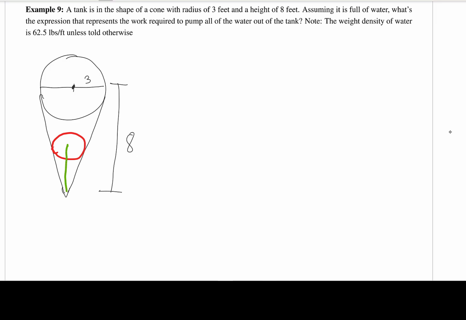Taking a slice of this cone, we should get a circle in that slice. If I say that this slice is y units up from the bottom, then what I need in order to calculate V slice is going to be pi r squared dy. So what I'm looking for is a way to represent this radius right here in terms of y. What I notice is I can create some similar triangles.